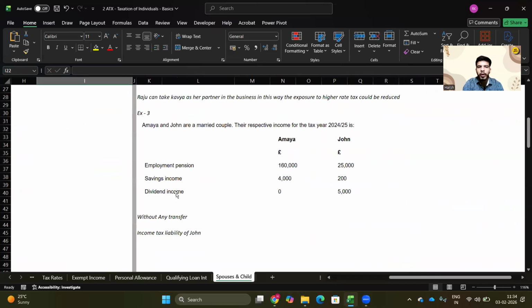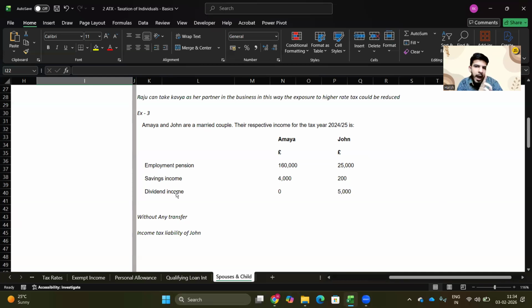So Amya and John are a married couple. Their income has been given for 24-25. The employment and pension income are 1,60,000 and 25,000 respectively. Both have savings income: Amya has savings income of 4,000 and John has savings income of £200. For dividend income, Amya doesn't have any and John has £5,000.